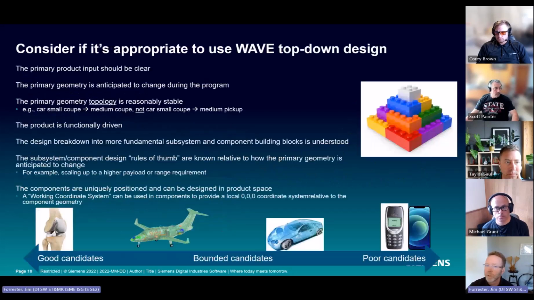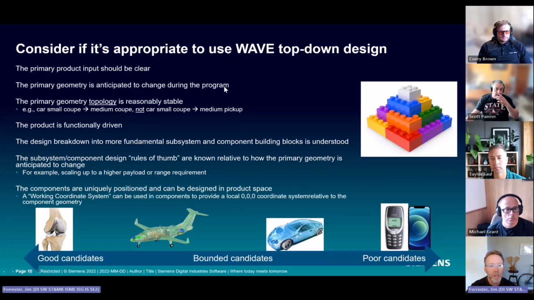So some things to consider. If it's appropriate to use wave top-down design on your product, here's some things to think about. The primary product input should be clear. The primary product geometry is anticipated to change during the program. Again, going back, if it's not anticipated to change, it's static.